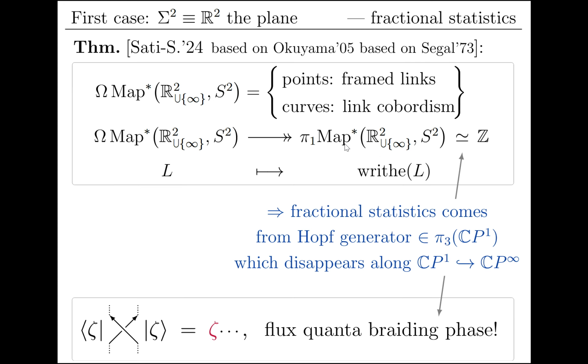So this just comes down to, again, computing the pointed maps from the 3-sphere to the 2-sphere. And as we just said before, that is the free abelian group generated by the Hopf generator. So it's again generating plus minus 1, the integers here, that is again the Hopf generator. So we see again that it's the Hopf generator, the element that disappears if we would go back to our standard classifying space, which encodes this braiding phase. All right, let's move on.